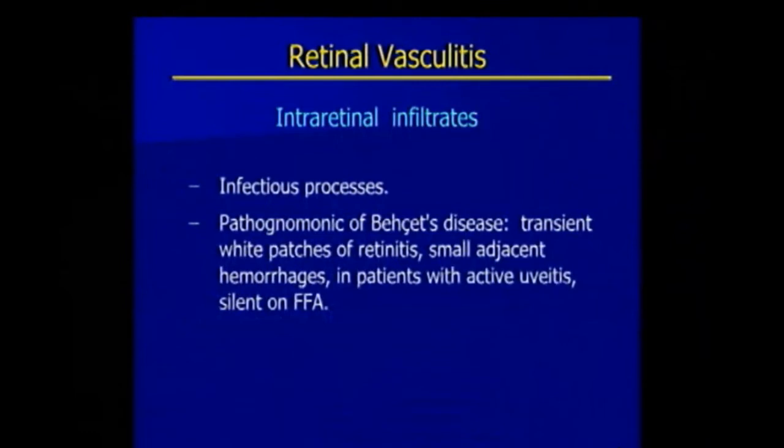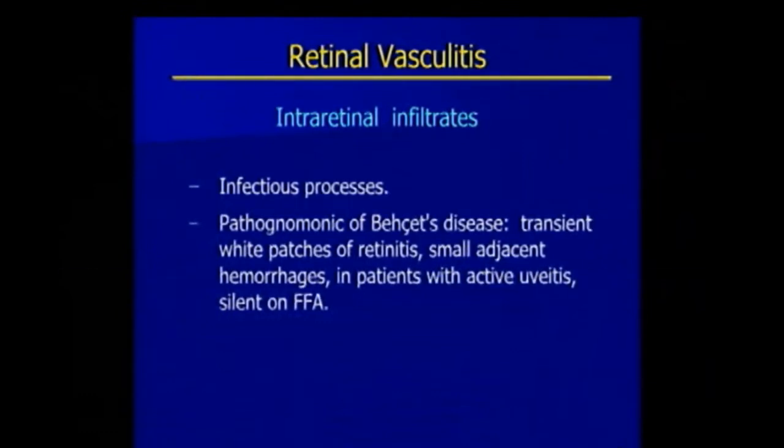Now, during the evaluation of a patient with vasculitis, we covered the type of vessels, either veins or arteries, to limit your differential diagnosis, and whether the patient had cotton wool spots. Some patients with vasculitis can also present with intraretinal infiltrates.